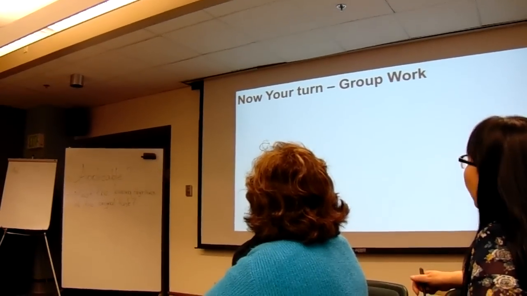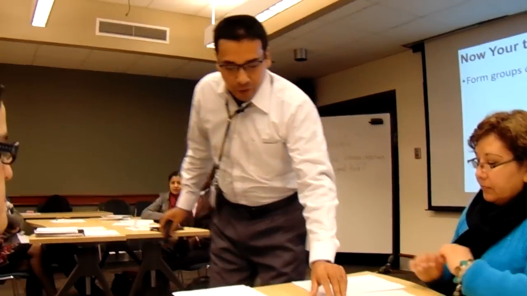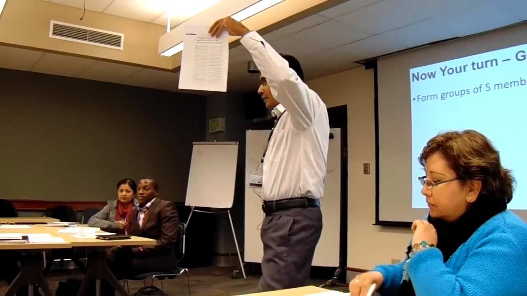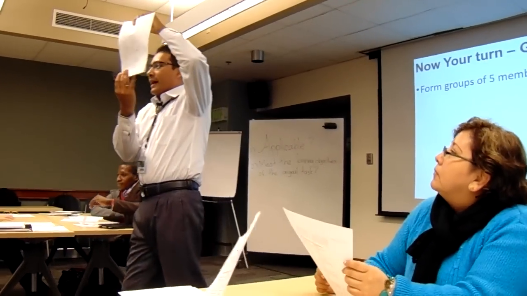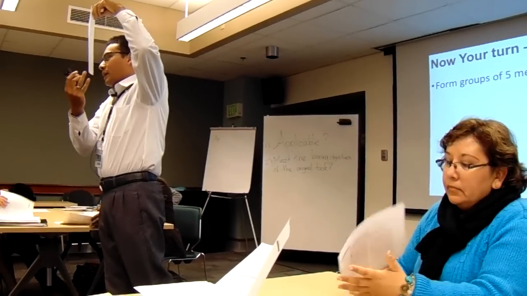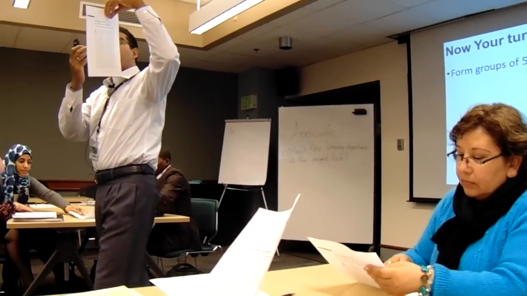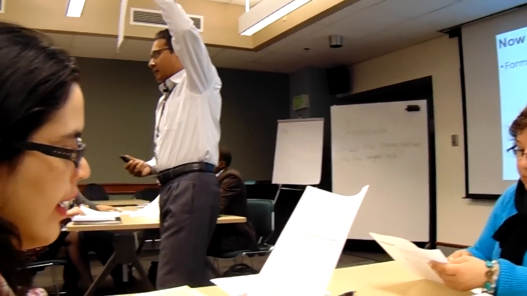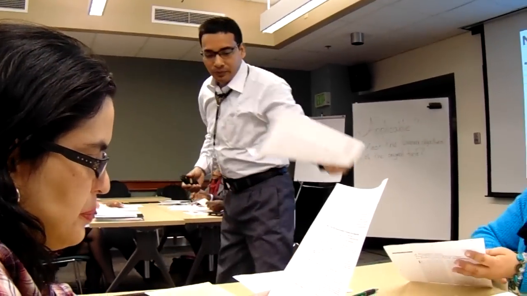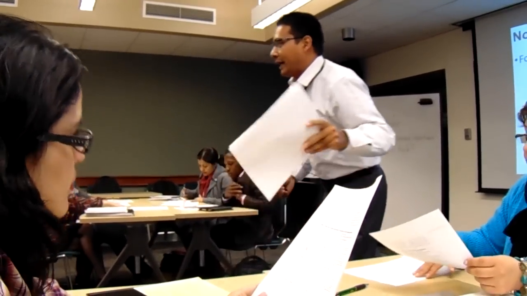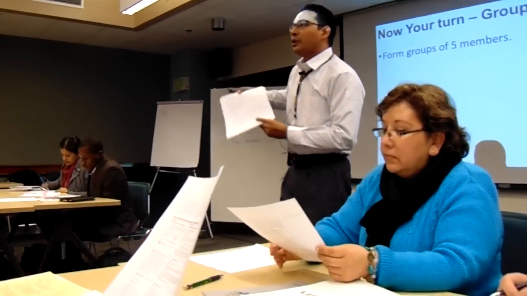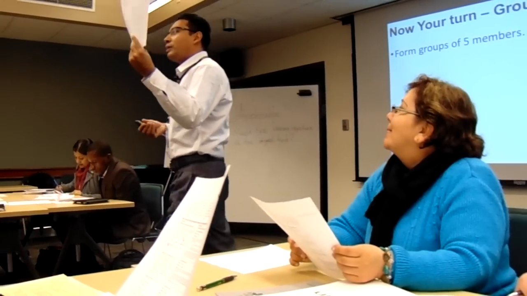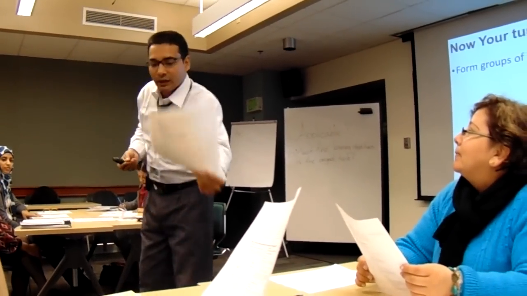Now there are groups here. Right before this, I gave you the handout. I believe you went through it. At the back, there are some samples of how we can transform the traditional paper and pencil tests into performance tests. Similar to that, I want you to prepare your performance-based assessment.